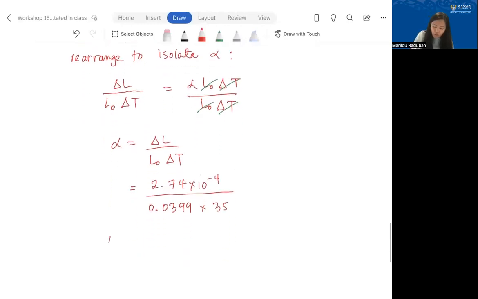So you'll have a coefficient of expansion for the bone of 19.6 times 10 to the minus 6 degrees Celsius inverse.